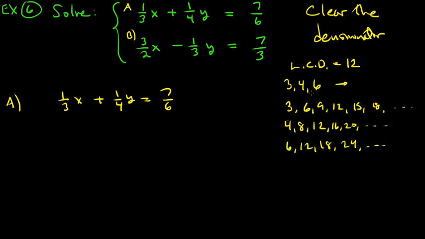So when you look at all these lists, the number that's the same on both lists, well, there's a lot of them, but the first number that's the same on all 3 lists is the number 12. So that's our least common multiple, and that's our least common denominator. Okay, we're going to get into this when we get to chapter 7. So we're going to talk about least common denominator again, and in fact thinking of it a little bit differently. But for now, this is all we need.